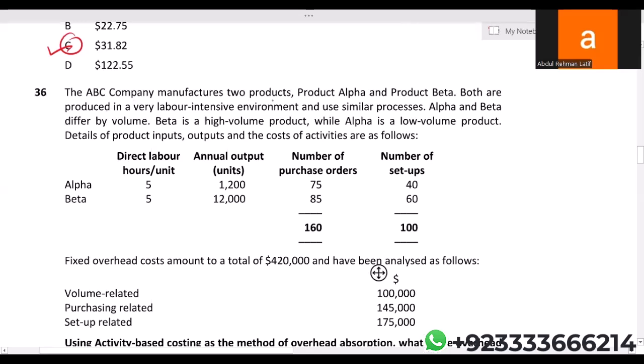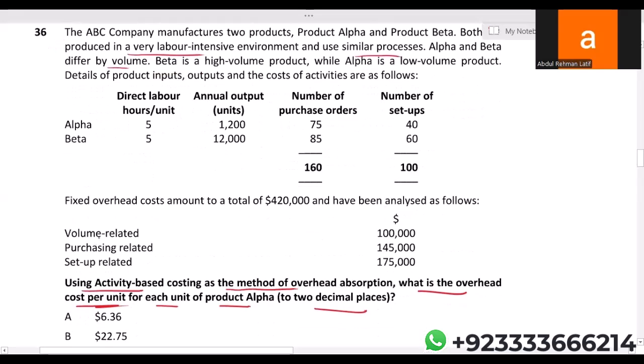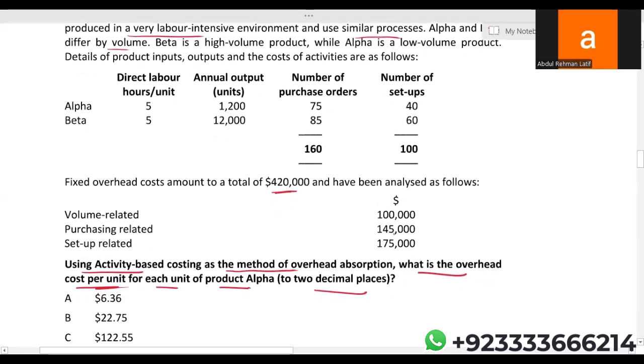The ABC company manufactures two products, alpha and beta. Both are produced in a very labor intensive environment using a similar process. Alpha and beta differ by volume. Beta is a high volume product. Total fixed overhead is 420, and the examiner has given you the breakup: 1 lakh, 145, 175.